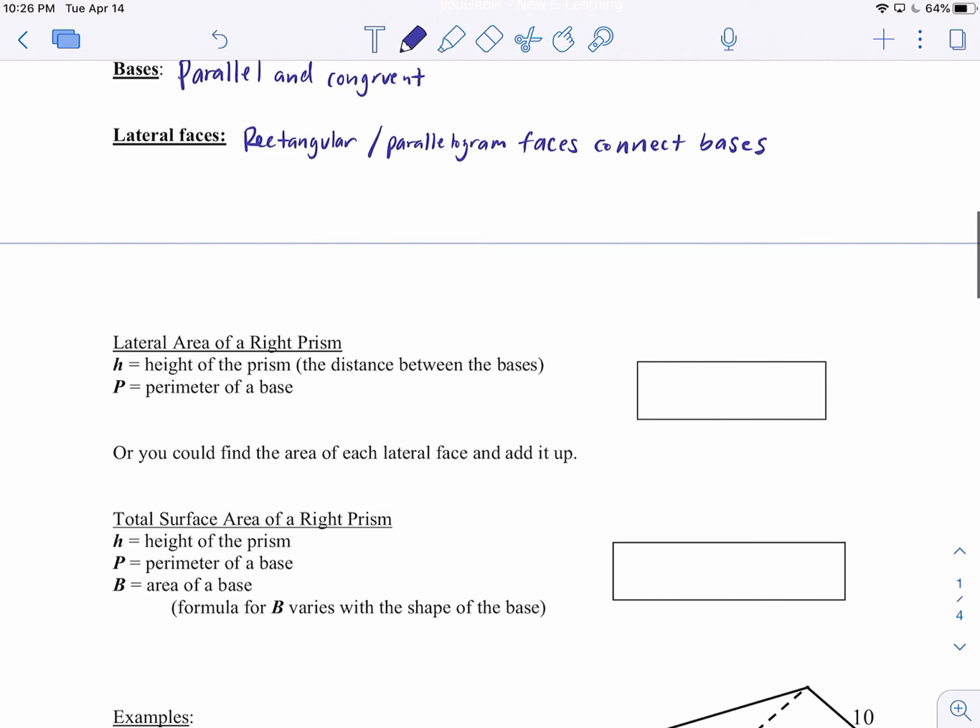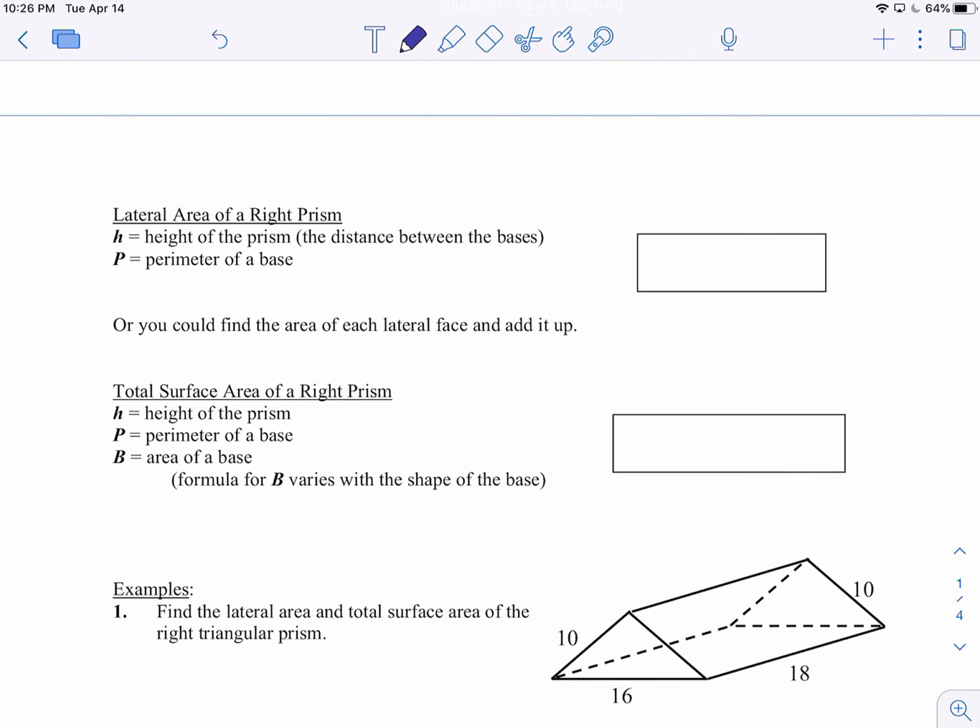The first piece that we're going to talk about is what is called the lateral area. So the lateral area of a right prism, this is going to be the area of all of the lateral sides. So it's the sum of the area of all of the lateral sides.